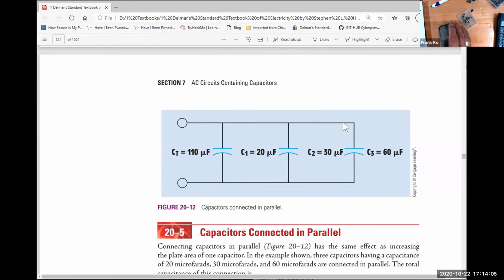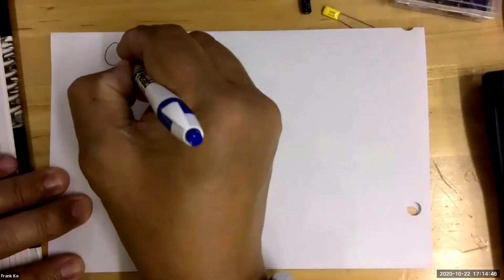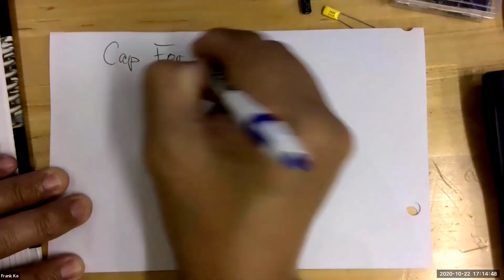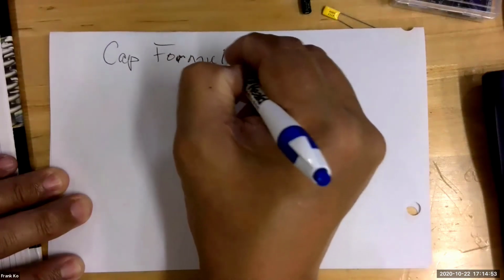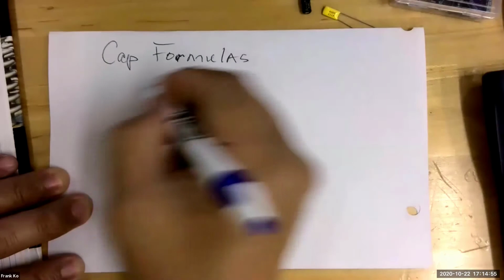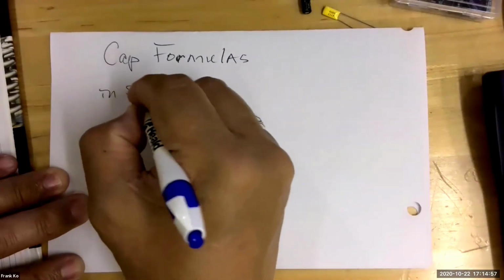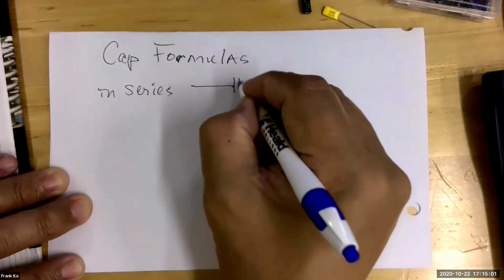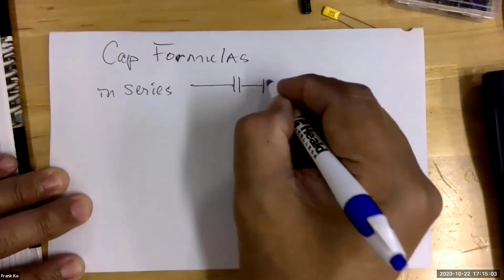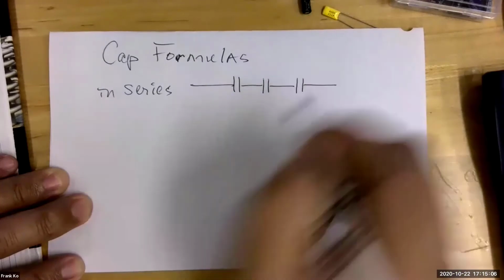All right, now, we have capacitors in parallel and capacitors in series. So let me give you the formulas for capacitance. And they're really easy. Capacitor formulas in series. Series means like that.